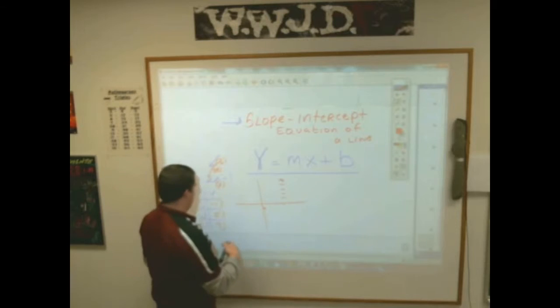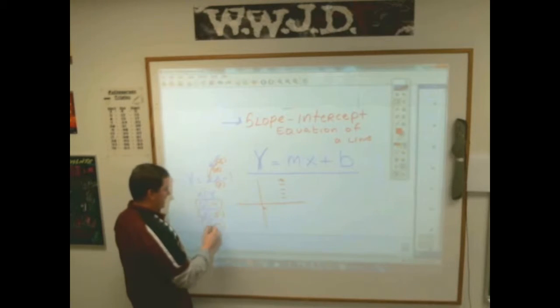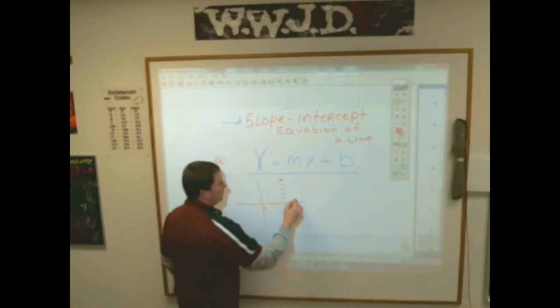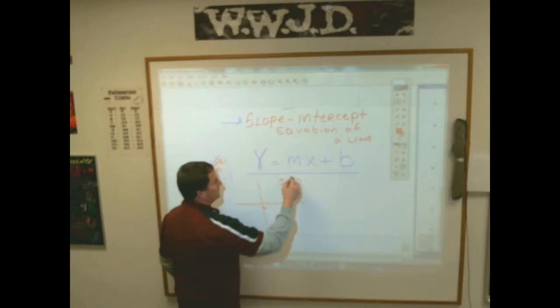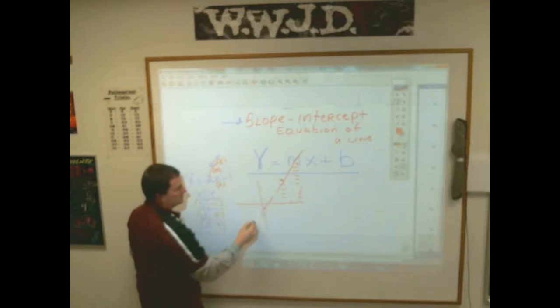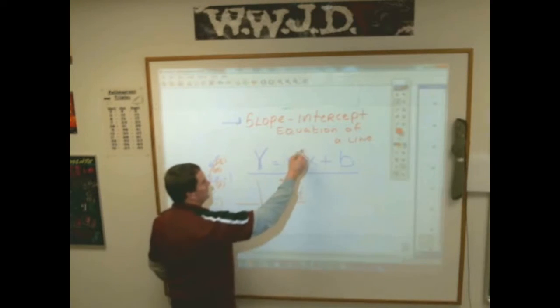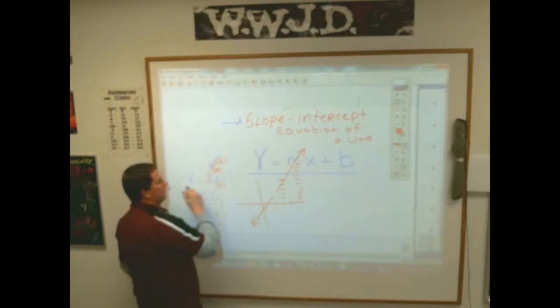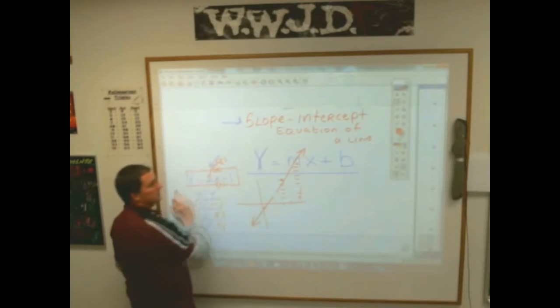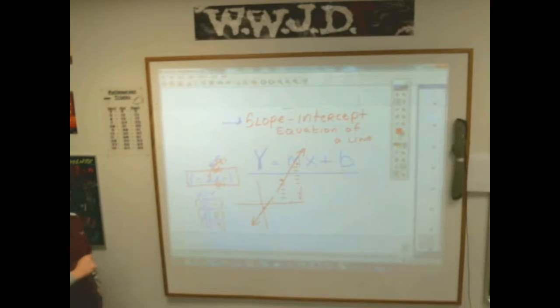And at 5, 9, I put a point. And these will line up in a nice straight line, and this is the graph of this equation. Okay, we've done that before, but it's about to get a lot easier.